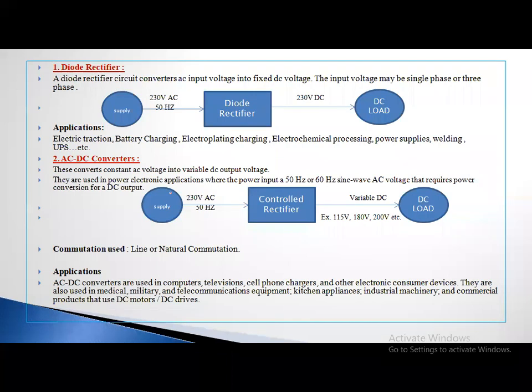This is the general basics. If you want to convert DC to AC, which converter we have to use? Inverter. So like this way they can ask the questions. Anyone, anywhere, any person can ask the question. So you should be ready for giving the answer.